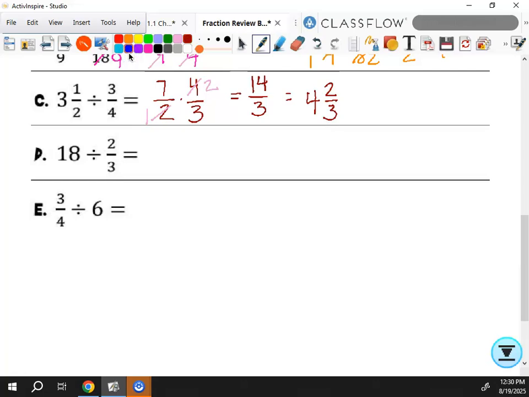All right, whole number over 1. Always do that with a fraction, always. I do that myself, just so that we don't do something weird with it. Then it's just a simple keep, change, flip situation. So go ahead and do D. Be 18/1 times 3/2.